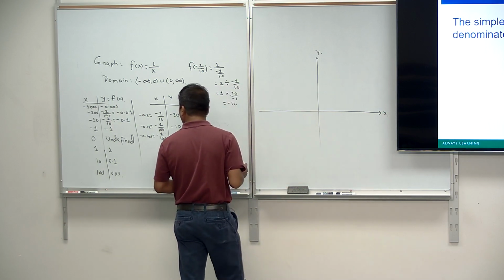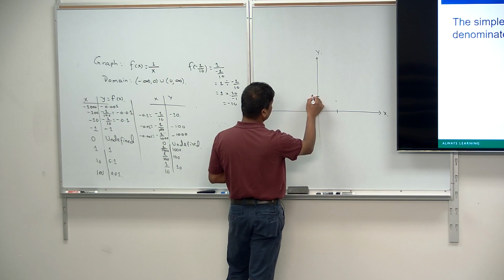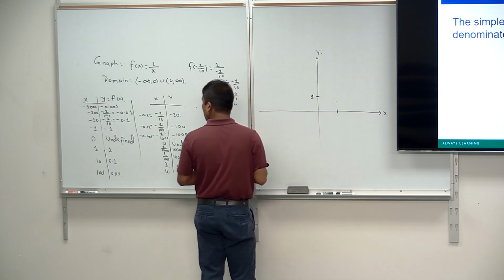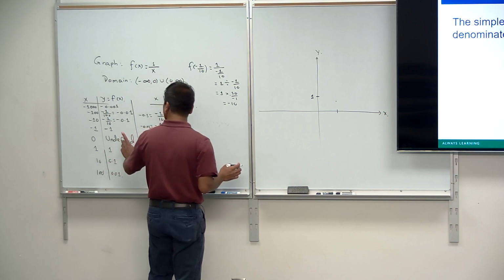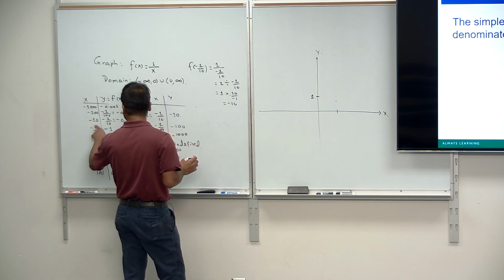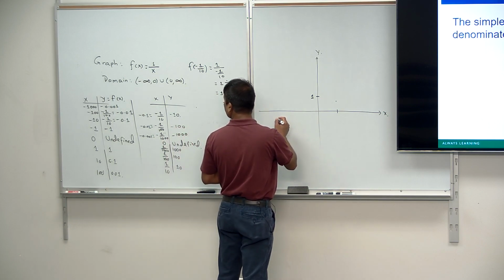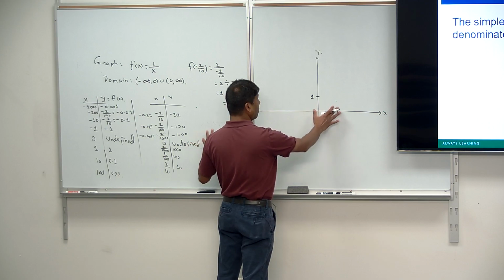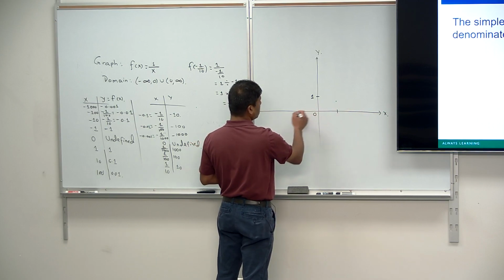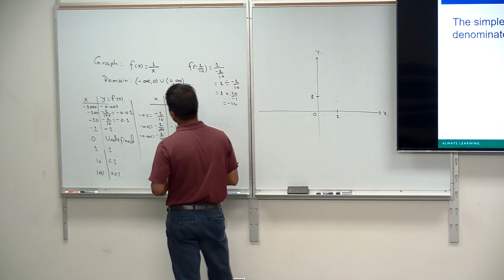Now look here, if you have 1, this is 1, okay? 0 is undefined, that's okay. And then if you have negative 10, it is negative 0.1. First, let me take care of this part, okay? So this is your 0. For 1, it is 1, right?